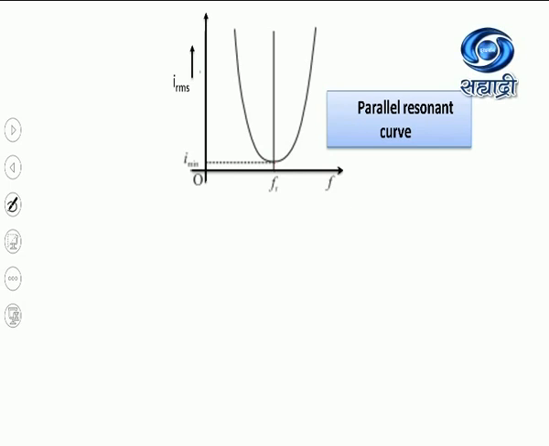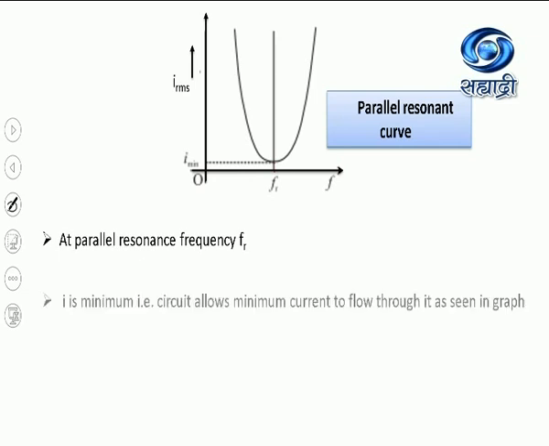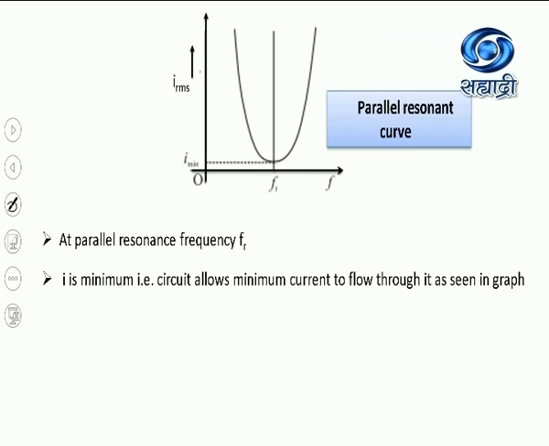For all other frequencies, when the frequency is less than fr or greater than fr, the current has a higher value. It has minimum value only when the frequency of the source is equal to the resonant frequency. At parallel resonance frequency fr, the current is minimum, that is, the circuit allows minimum current to flow through it, as seen in the graph.